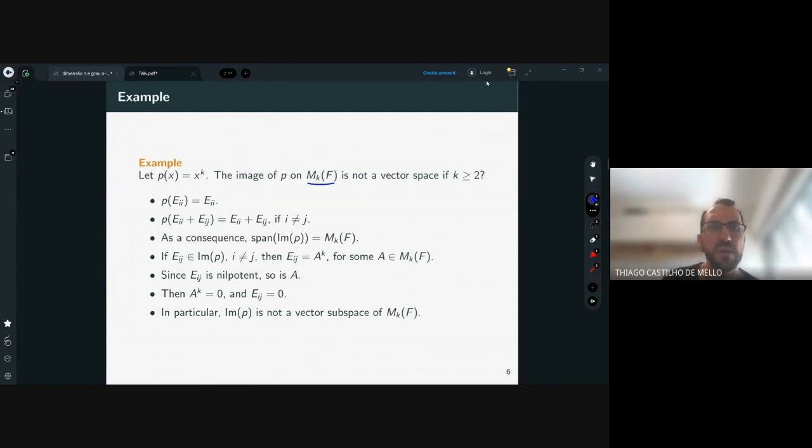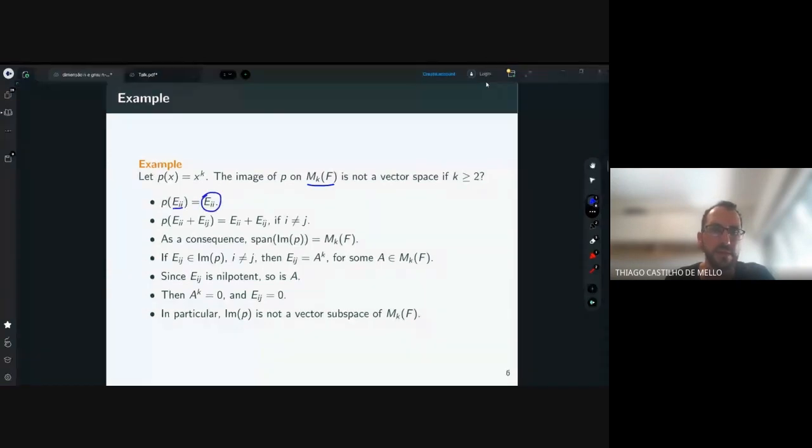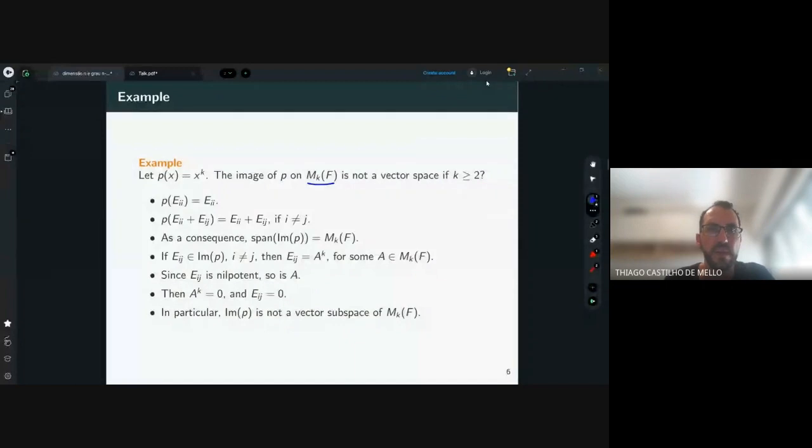When we evaluate this on the matrix units E_ii, where E_ij means we have one in position ij and zero elsewhere, these are idempotent, so we obtain E_ii itself. And when we evaluate on this for i different from j, we again obtain this. So this is in the image, and this is in the image.